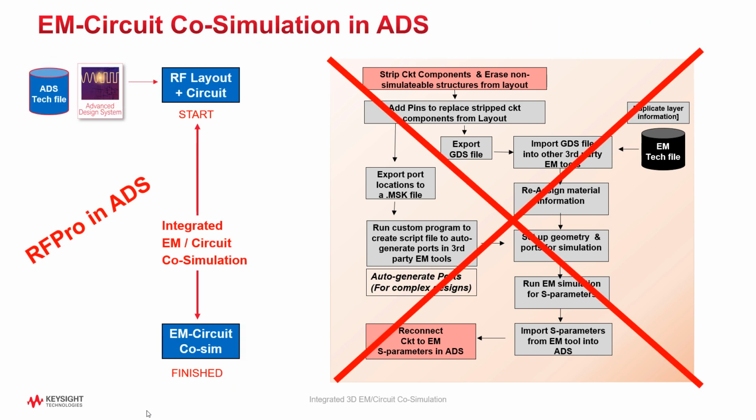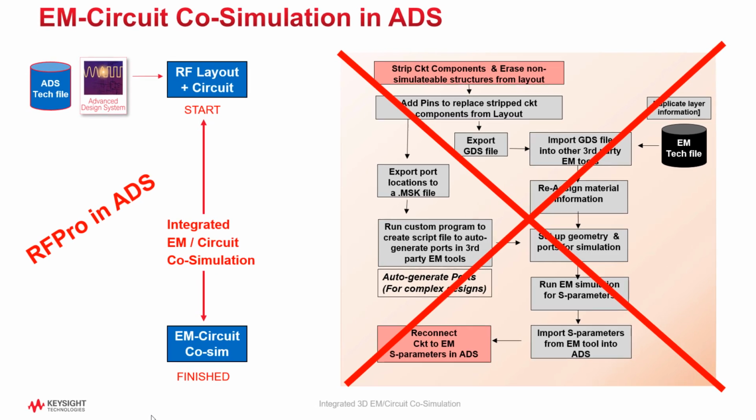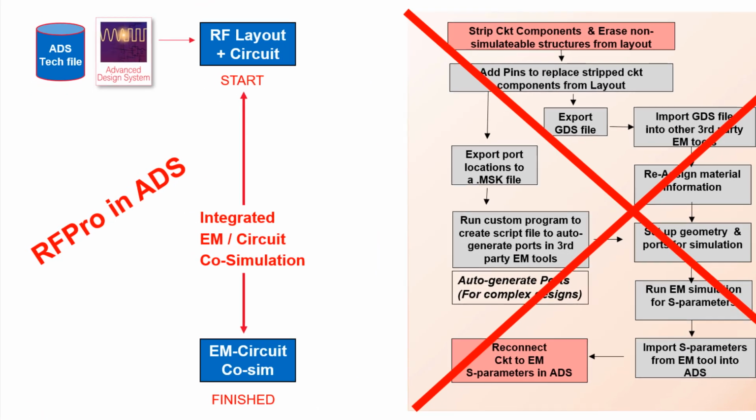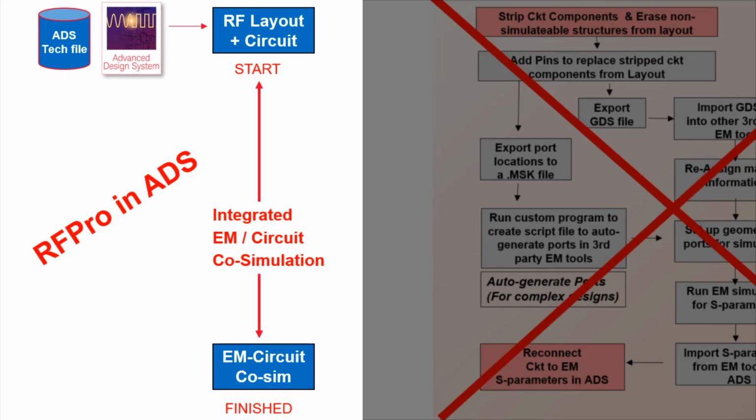So the title, Integrated 3D EM Circuit Co-Simulation for First Pass Design Win, is represented by this new flow shown on the left side only. The whole process from circuit simulation to EM analysis and EM circuit co-simulation is all integrated together and automated so that designers no longer have to perform the tedious tasks in order to run EM simulation.